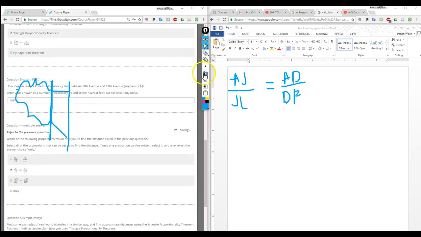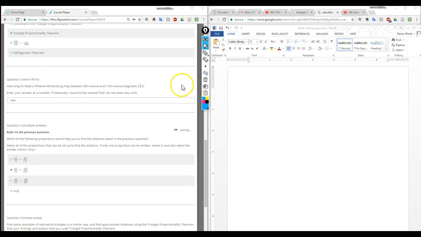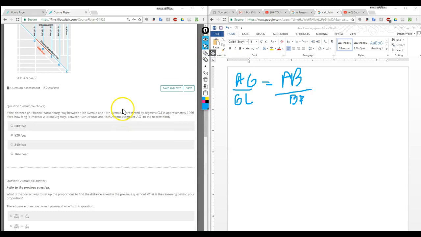Now let's compare the last one, AG over GL compared to AB to BF. Alright.